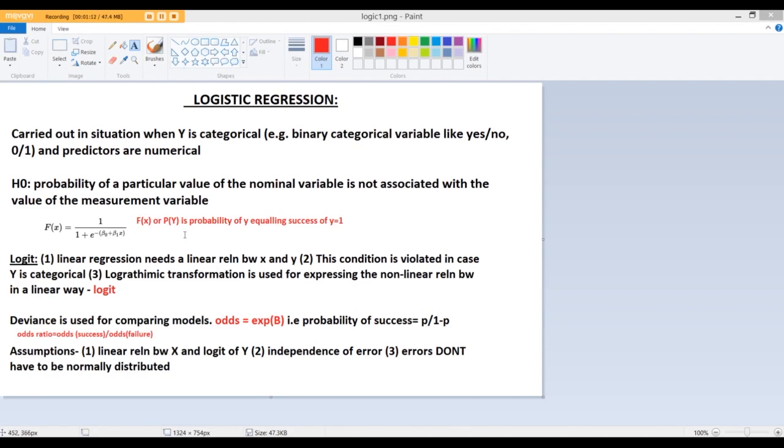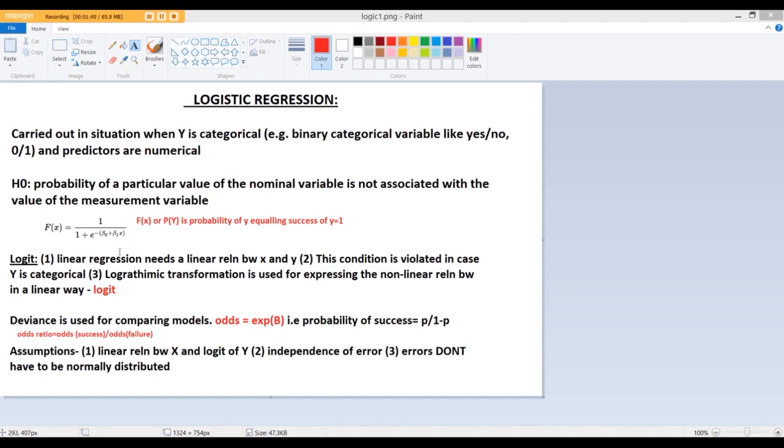So P(y), the probability of y equaling 1 or yes or success, is computed as 1 divided by 1 plus e raised to the power of negative (alpha plus beta 1 x), and this is what you find in the equation of linear regression as well, and we find the same thing over here in logistic regression.